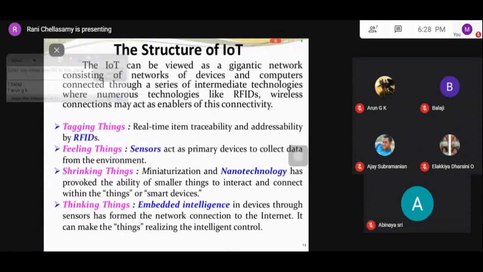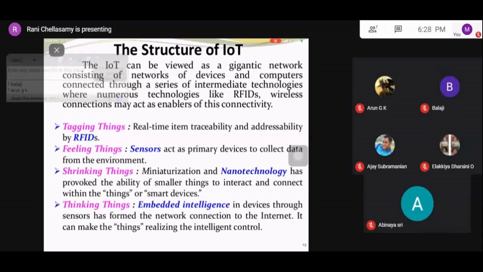Coming to the first part, tagging things. Tagging mainly means RFID, as we have dealt with. RFID is used to track the data, a real-time item or device which helps in traceability and addressability.